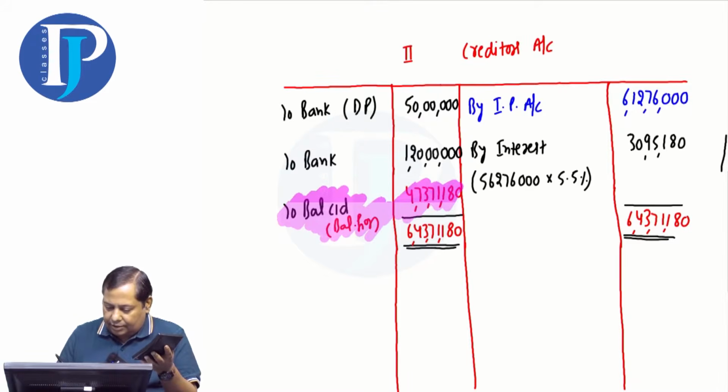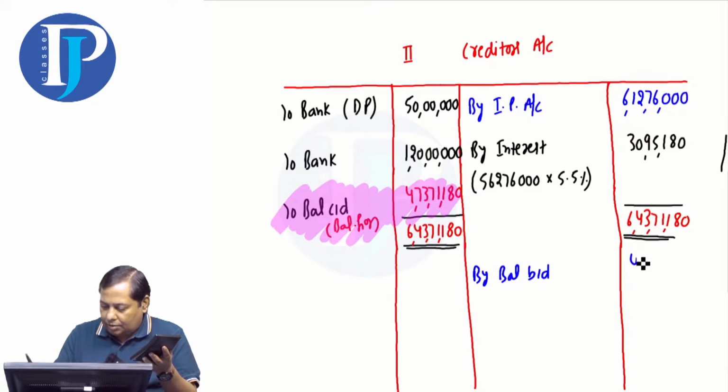We will transfer this forward. 4 crore 73 lakh 71,180. Now we will write by interest.